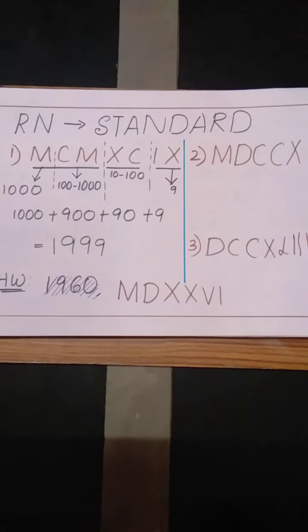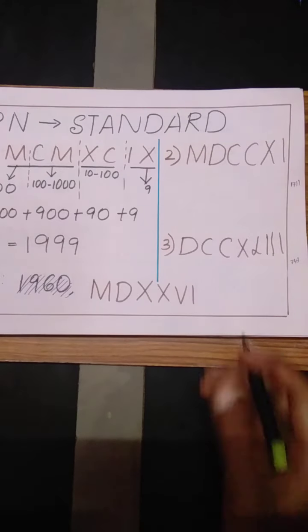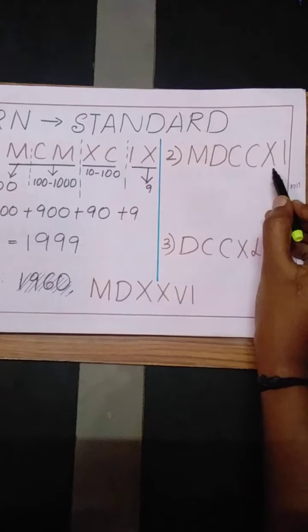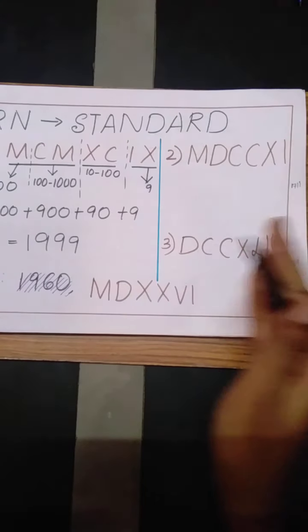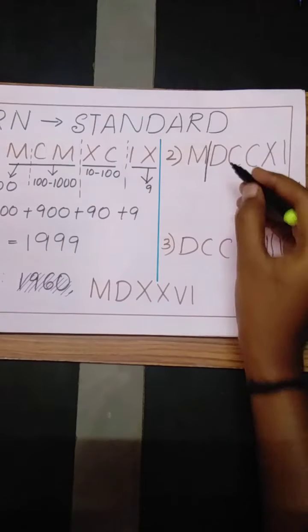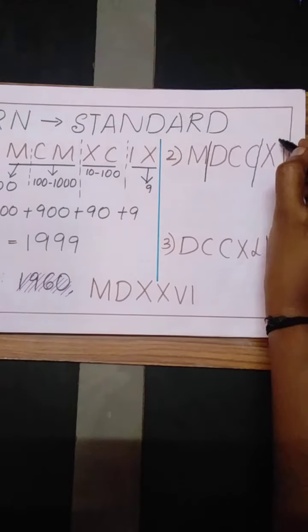And next example. See here, what is the Roman numeral given? M, D, C, C, X, I. What I said, first of all divide into 4 digit, 3 digit, 2 digit, 1 digit. M is 4 digit. D, C, C is 3 digit. X is 2 digit.